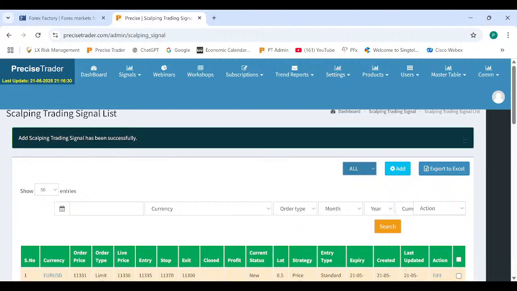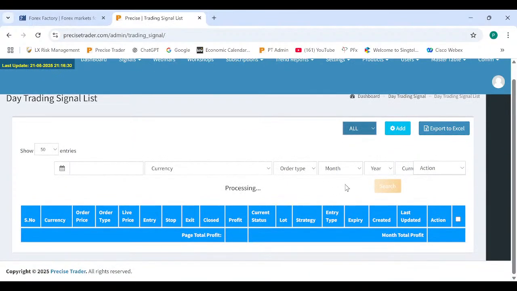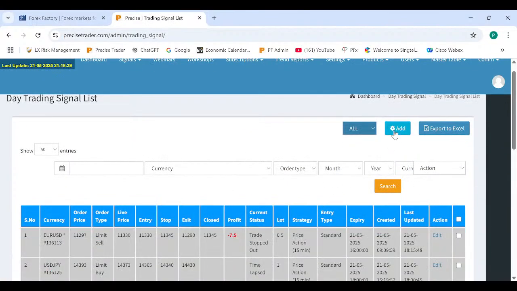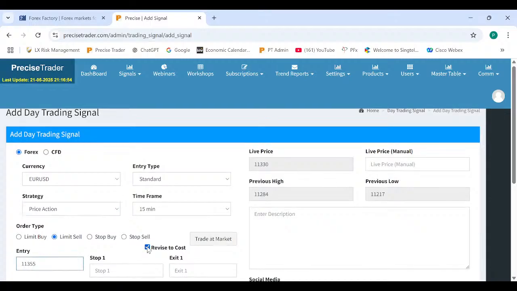Then we would go for another trade at 11360 or 55, okay, 55 or 60. 11355.